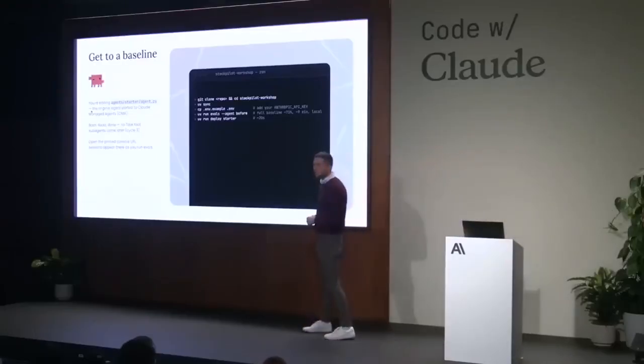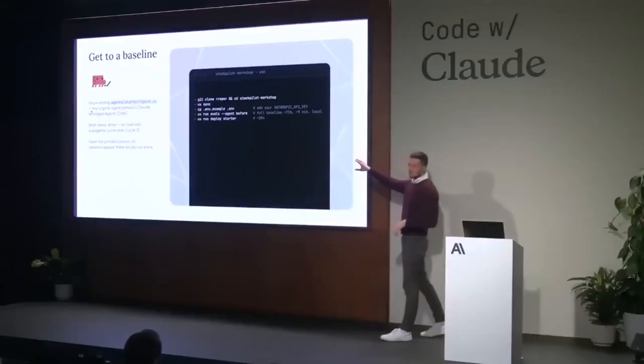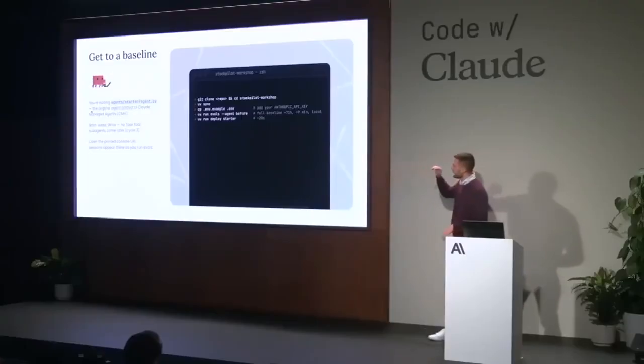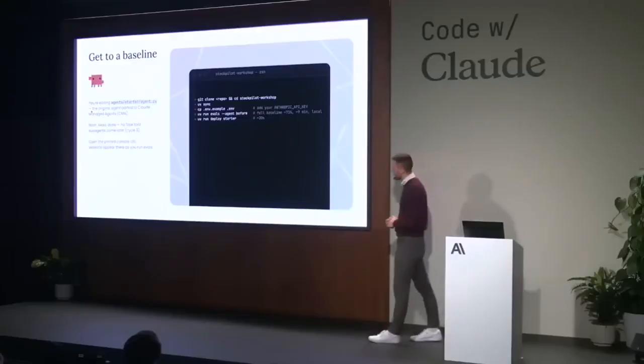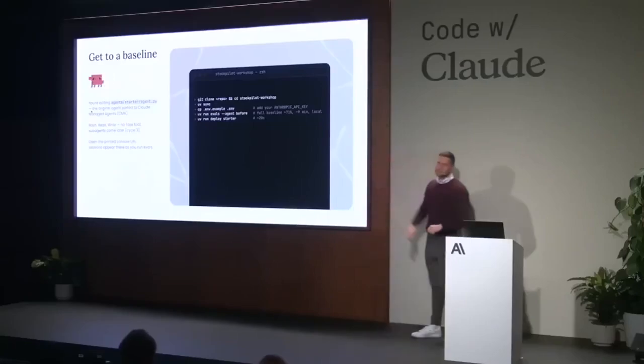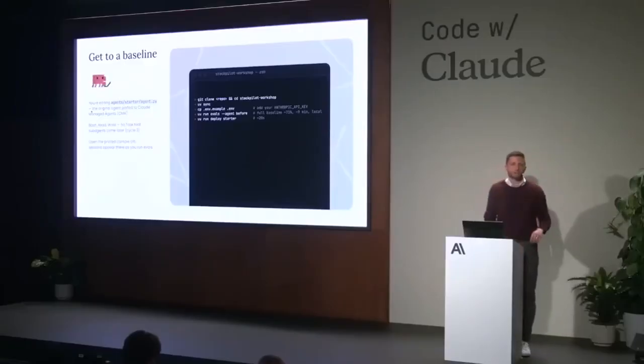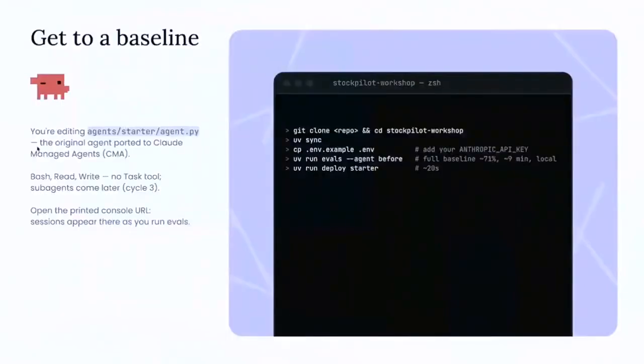If you want to view what that agent looks like when deployed on Claude managed agents, you can look in the starter folder, which exists right below that. If you want to deploy your agent on Claude managed agents, you can run uv run deploy starter. So again, run your evals using the messages API version with --agent before. You can then deploy your agent on Claude managed agents. We already have it built for you, and it's really easy to use Claude Code to compare the 2 and understand exactly what's going on and what some of the differences are with Claude managed agents.